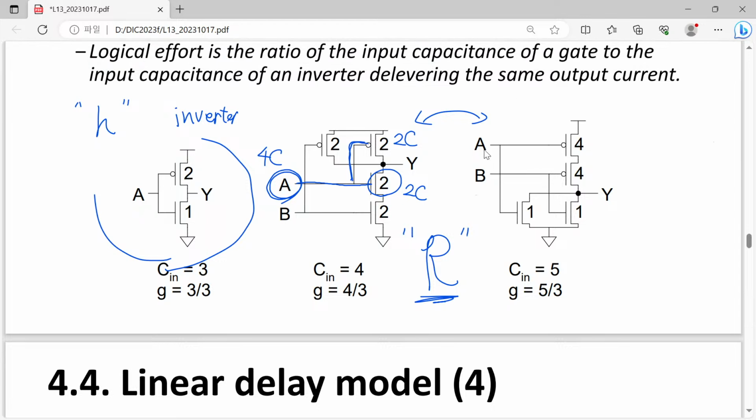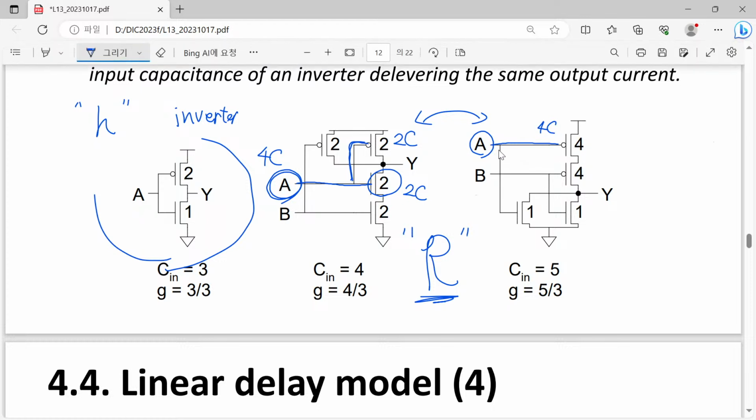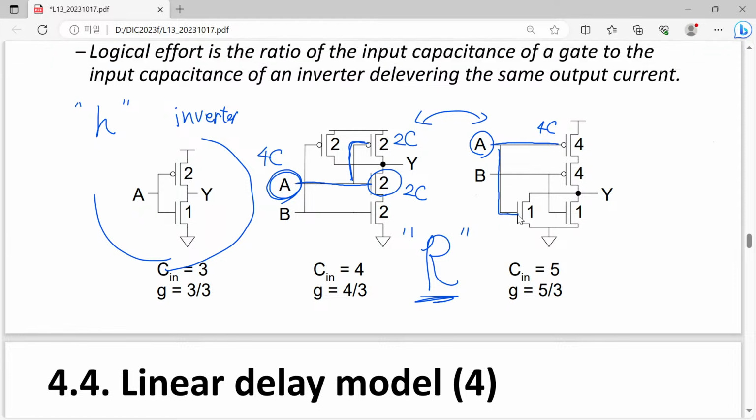But please have a look at this NOR gate. In this case, you can see 4C out of your PMOSFET and what else? Additional 1C from your NMOSFET. So simply speaking, when we have a NOR gate, its input capacitance will be 5 times C.